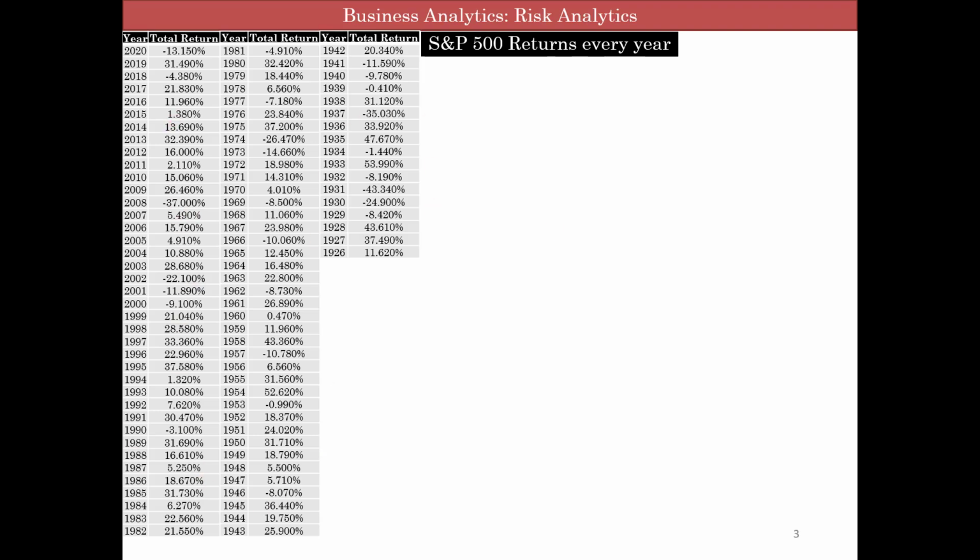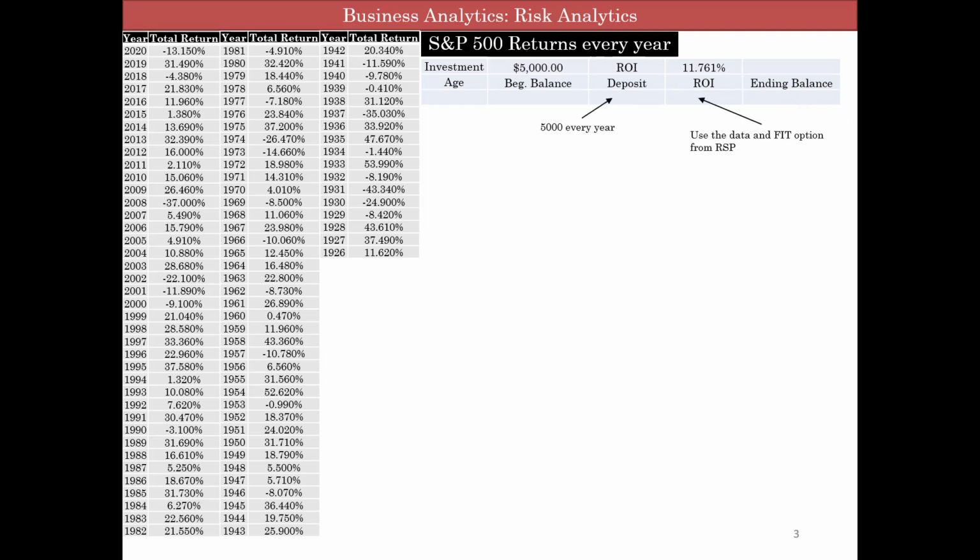Here you have your initial investment and your age starting at 25. Beginning balance is 0. You deposit $5,000, and then you have a return on investment and your ending balance. So this is $5,000 every year, and the return on investment is some percentage based on this table. It has to fit the distribution of this table.